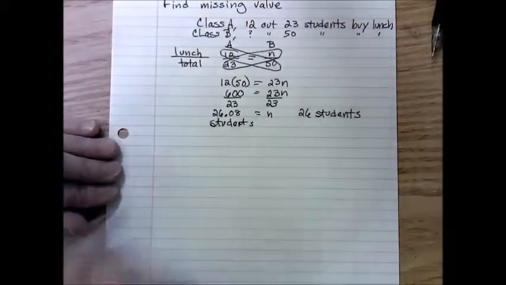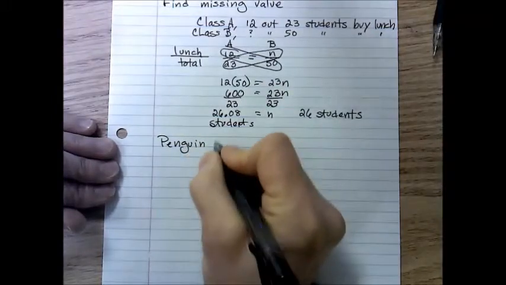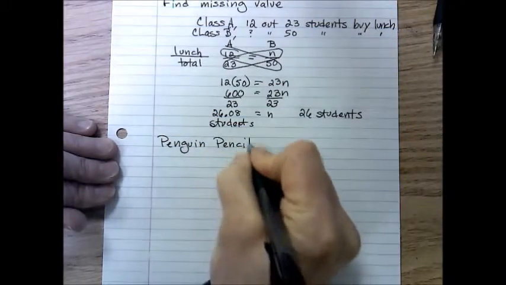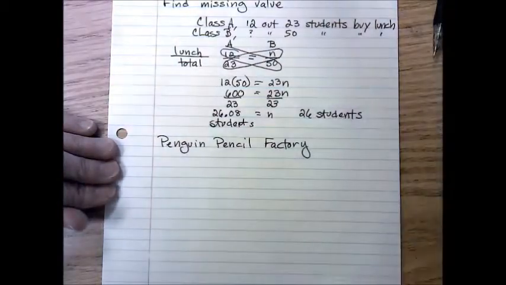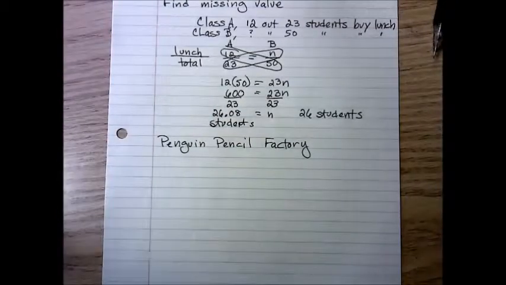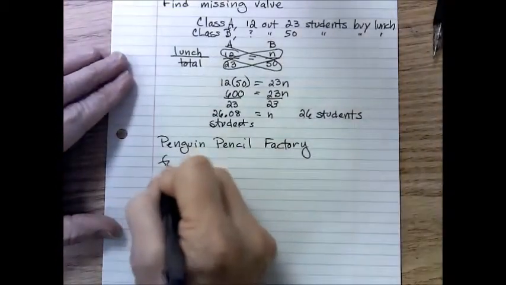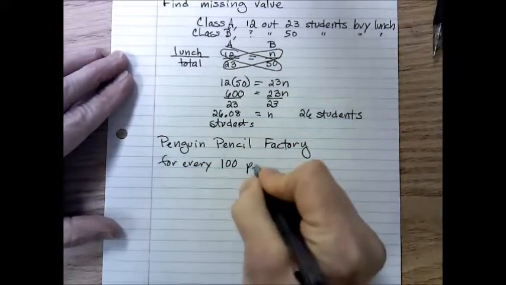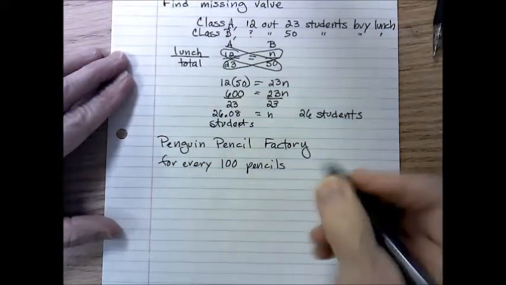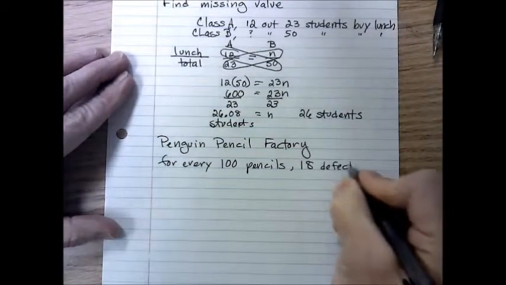All right, let's try another proportion problem. Let's talk about the Penguin Pencil Factory. All right. And we know that every factory has its problems. And at this particular factory, for every 100 pencils, we have 18 that are defective.